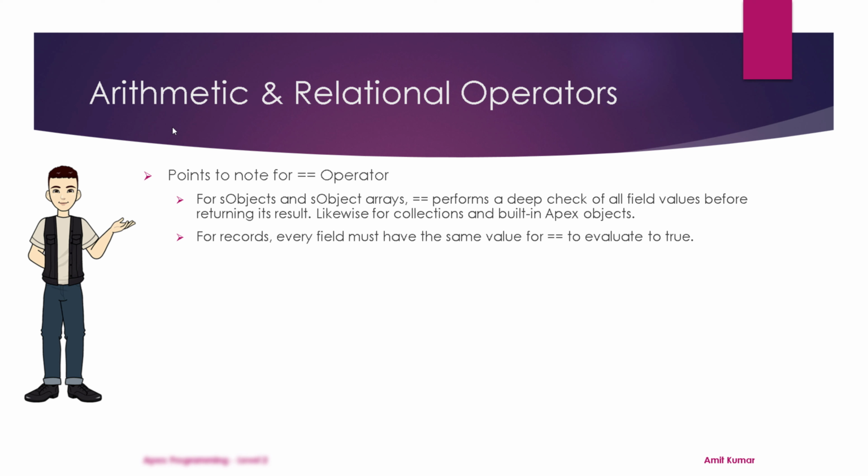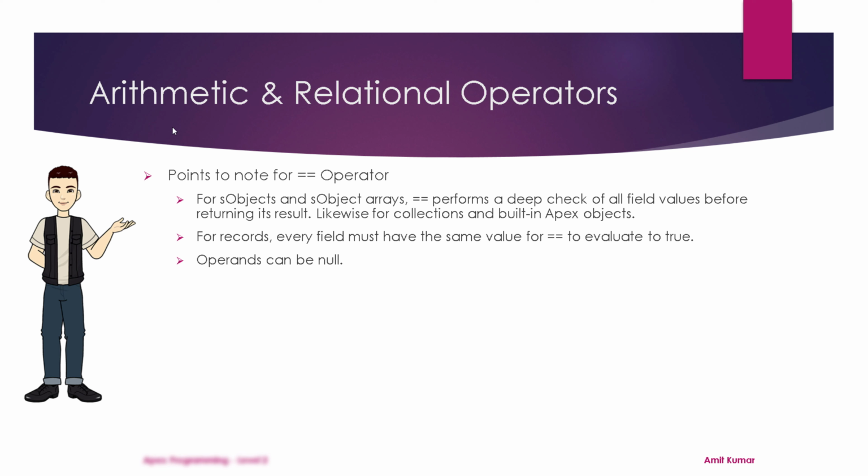For records and any such collection, every field must have the same value for equals to to evaluate to true. So if any of the fields or any of the collection elements does not match, it will result in false. Operands can be null when you are using the double equals to operator.